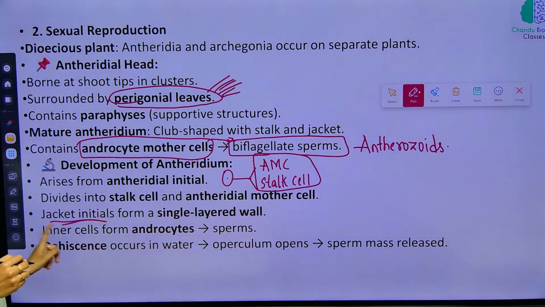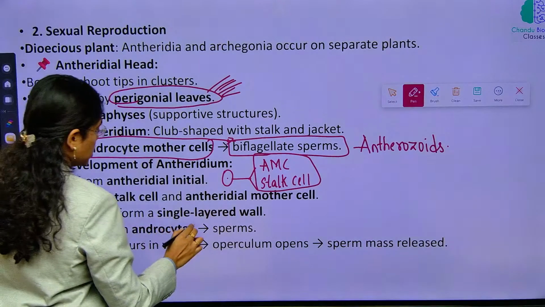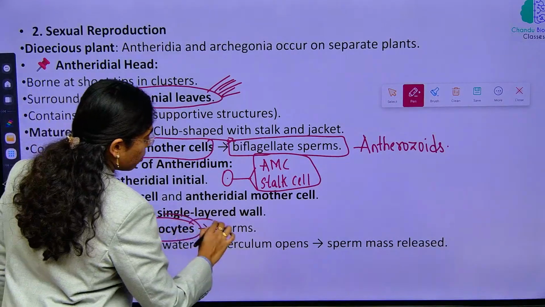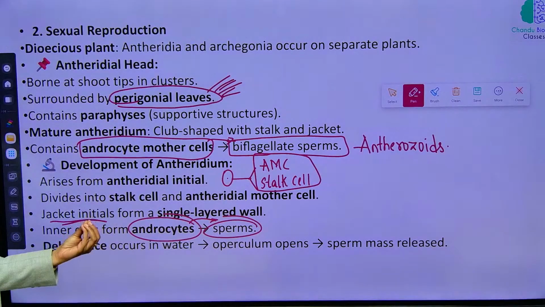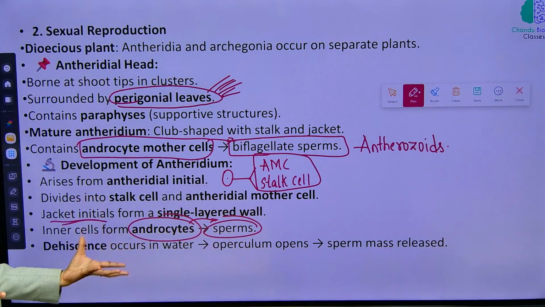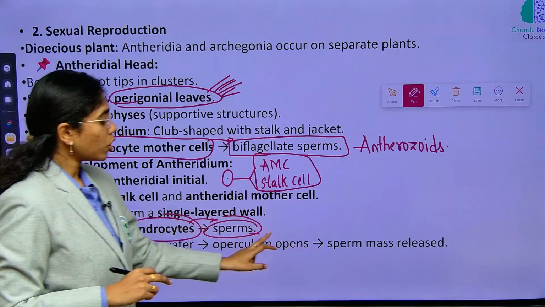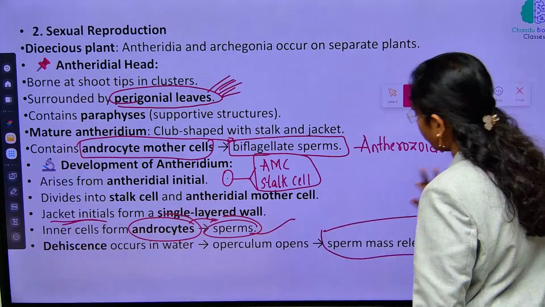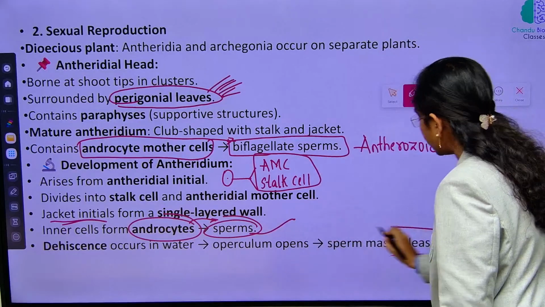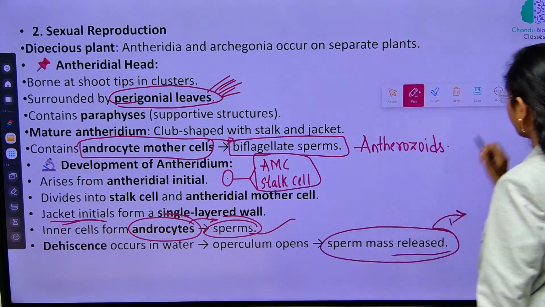These jacket initials form a single layered wall around them, and the inner mass cells are androcytes which will contain antherozoids, those are sperm cells. When these antherozoids are released into the water, the operculum opens and the sperm mass is released out. Clear?